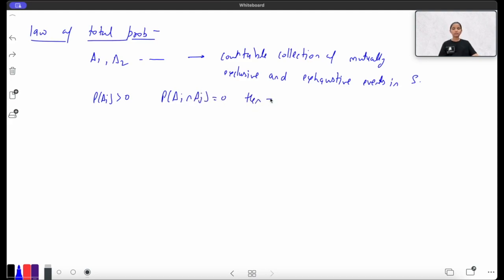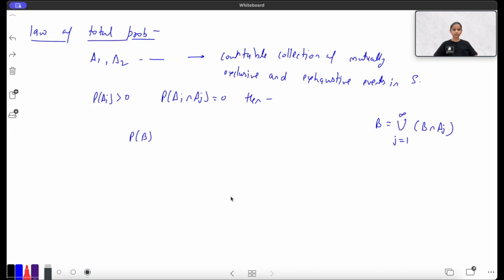Then if there is an event B, which is the union j equals 1 to infinity of B intersection Aj, that means the scenario would be like this.